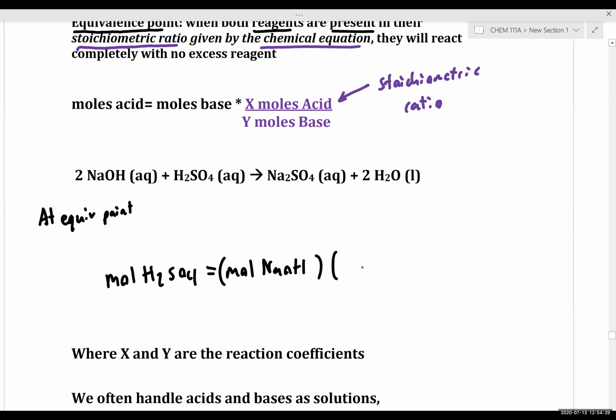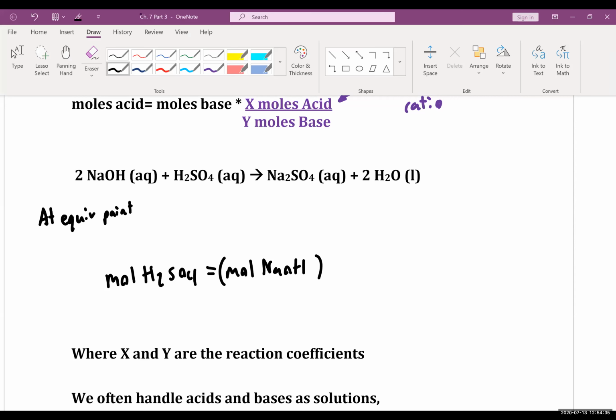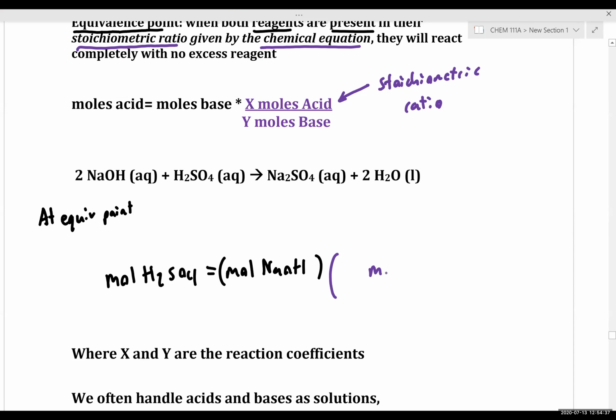And now my question to all of you is, looking at our stoichiometric ratio, how many moles of sulfuric acid react with how many moles of sodium hydroxide?